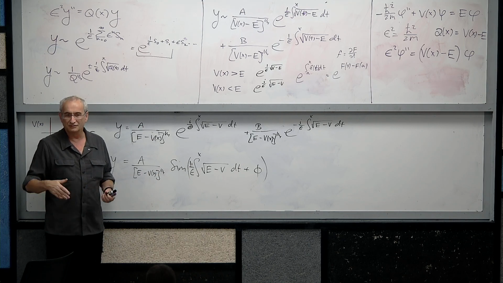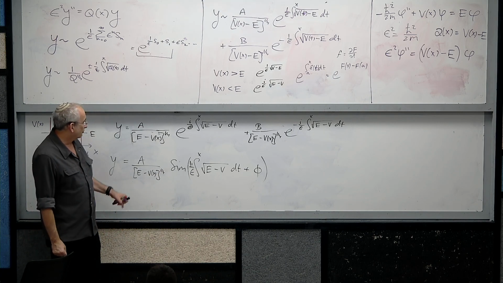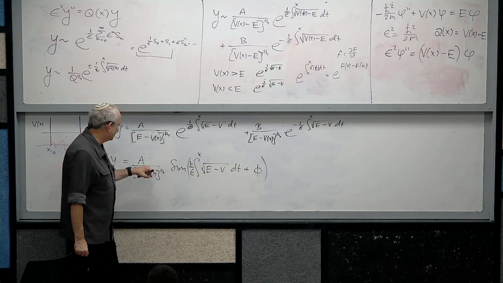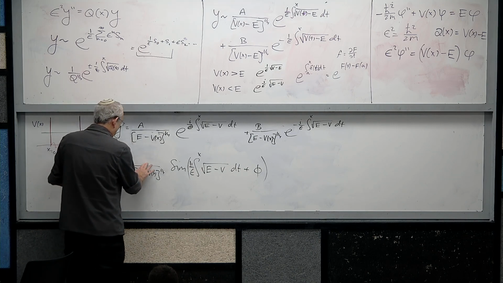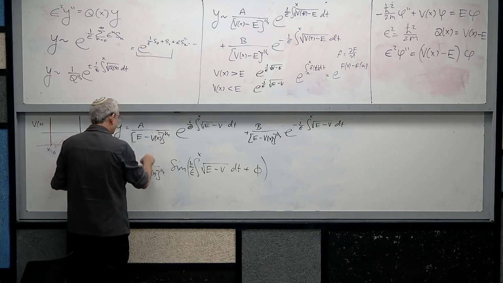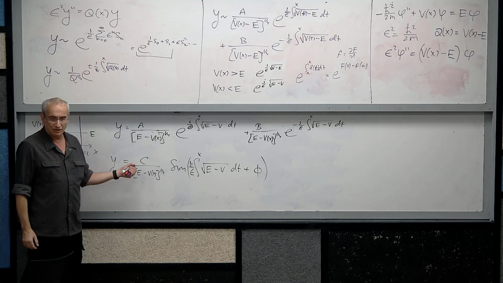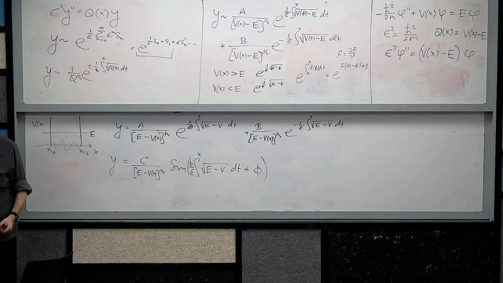Because this is always true: e to the i something plus e to the minus i something is sine of something plus a phase. So now the two constants are not a and b, but a and the phase. Strictly speaking, I should avoid the use of a here and use something else, let's call it c. Why? Because this and this are not the same constant. But it's just a standard way of writing a e to the i something plus b e to the minus i something as sine plus phase, or cosine plus phase, or whatever you like. Good.